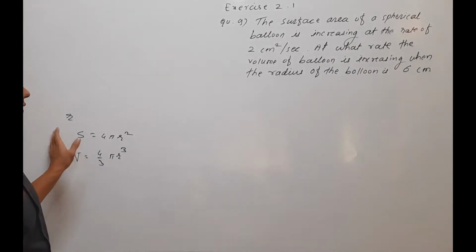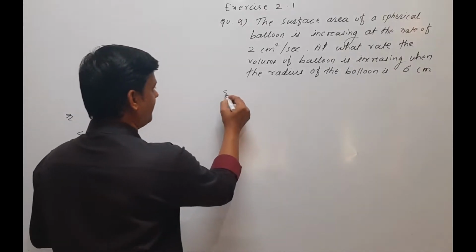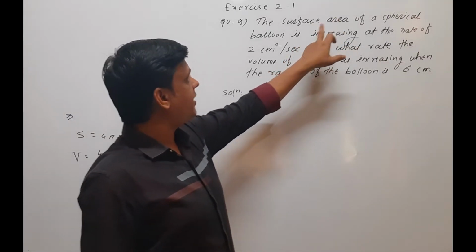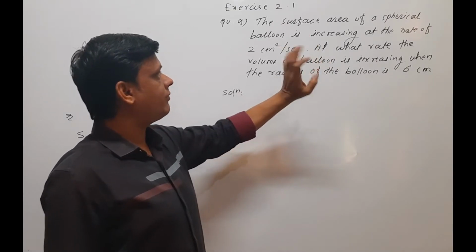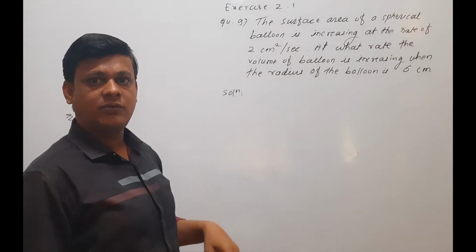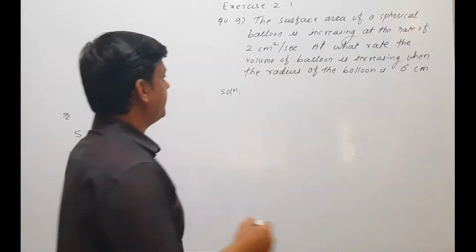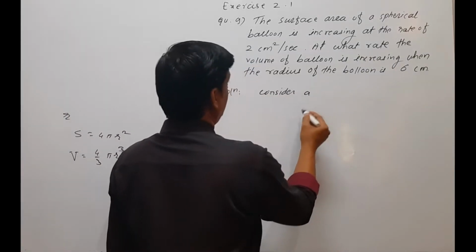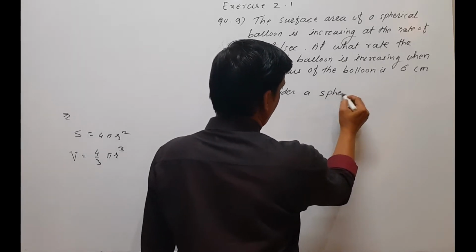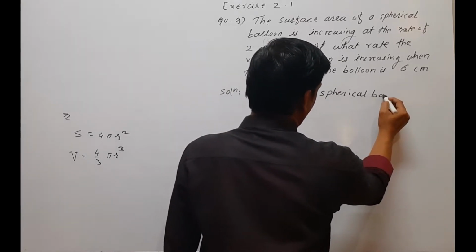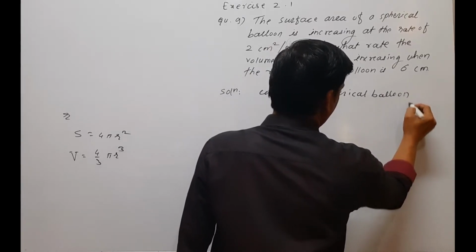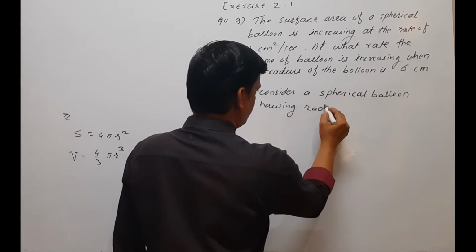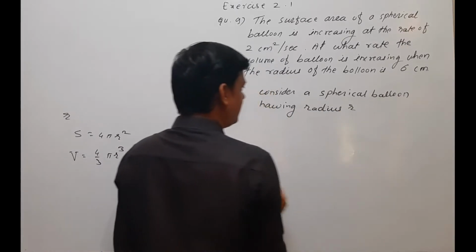So here we first write the given part. So here given part is surface area of spherical balloon is increasing at the rate of, that means ds by dt is given. So right here in solution, consider a spherical balloon having radius r.